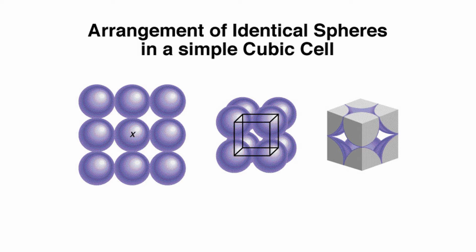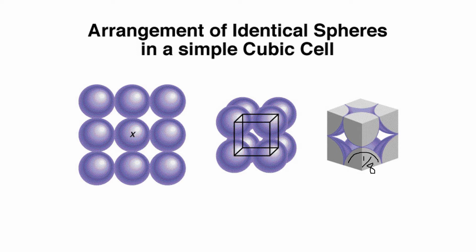How many are in or occupy the lattice points, by the portion of that atom that is actually within the unit cell, and this is 1/8 of that atom.